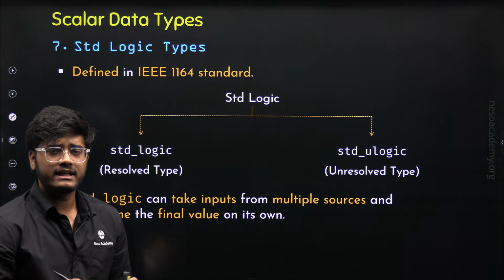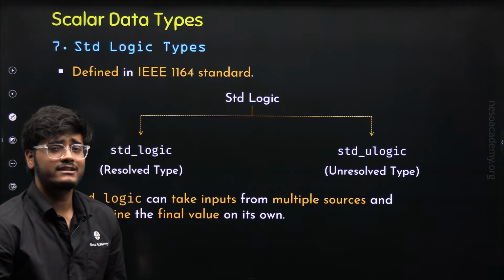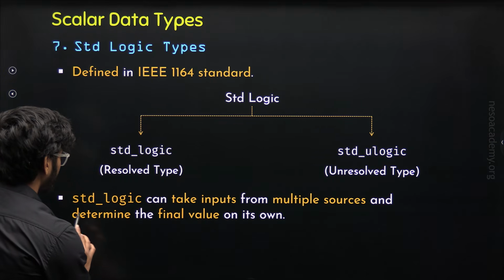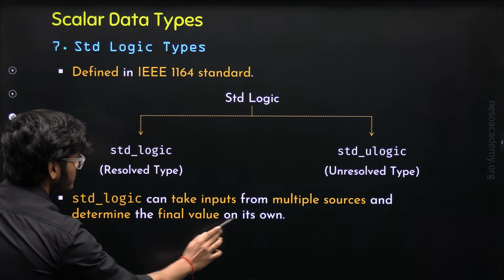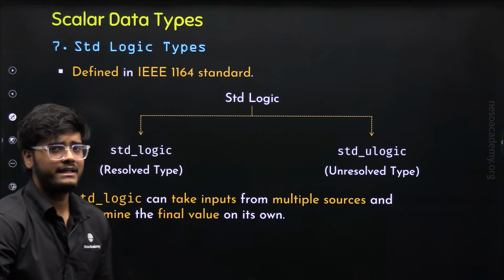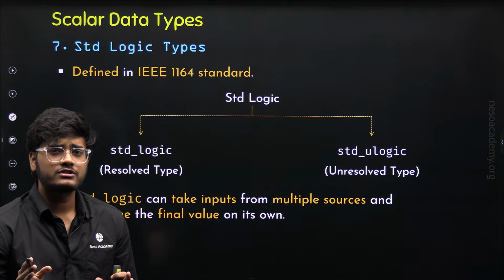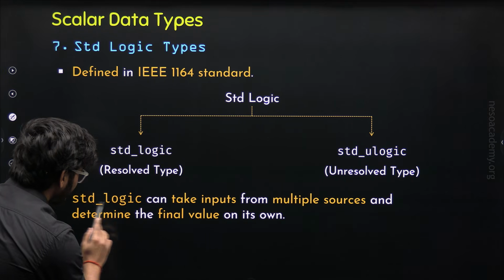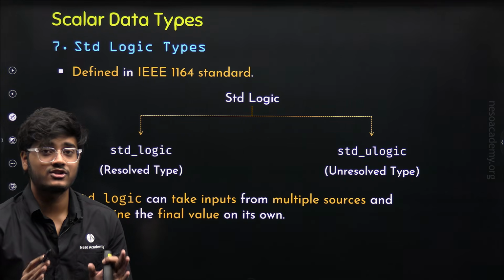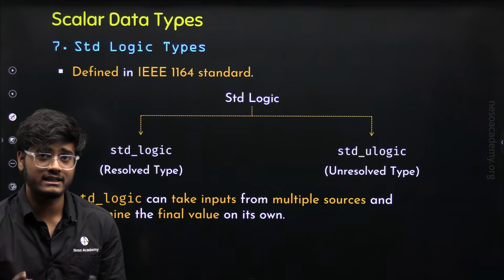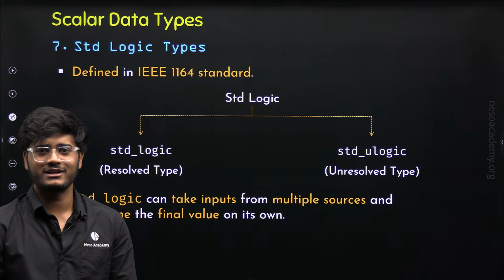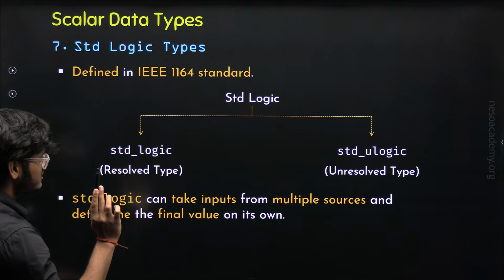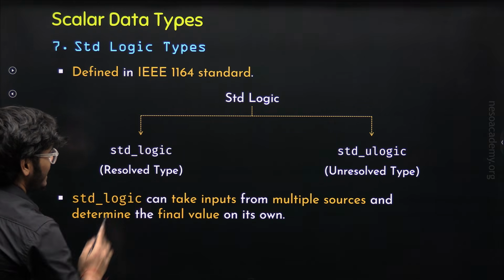Means a single signal can be connected to more than one source, and standard logic will determine the final value on its own. Means if multiple sources try to give different values, then standard logic will act as a resolver to decide the final output from multiple values. Therefore, std_logic is called a resolved type.